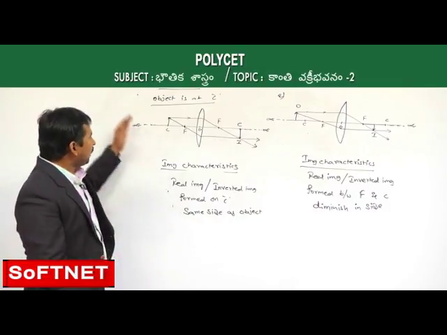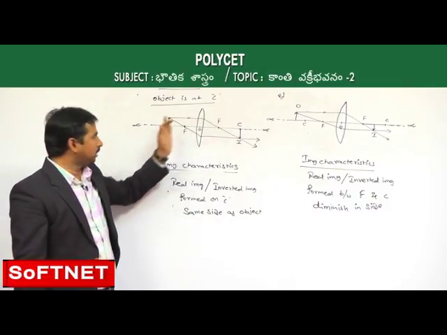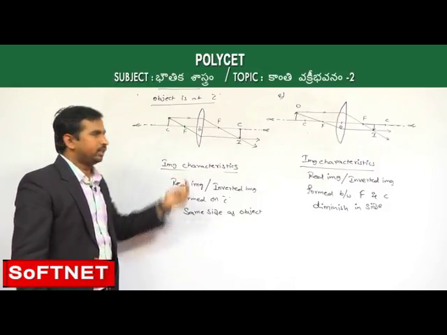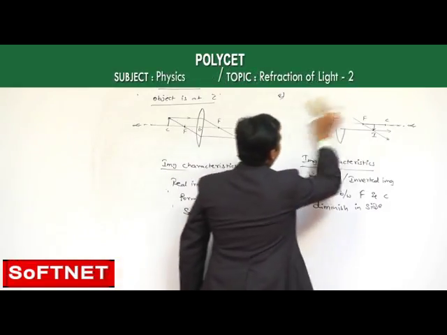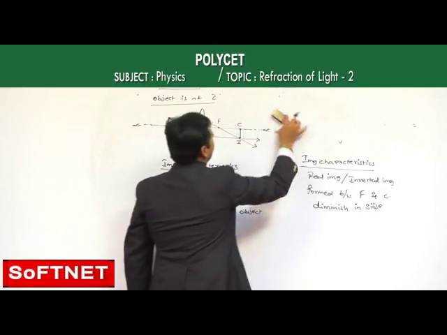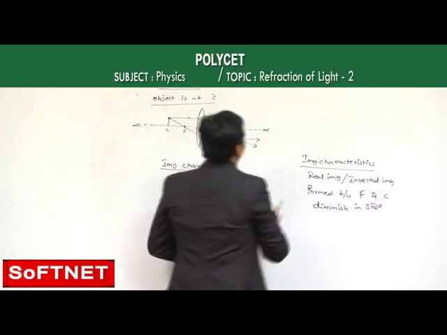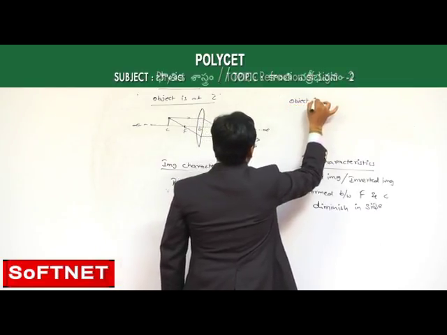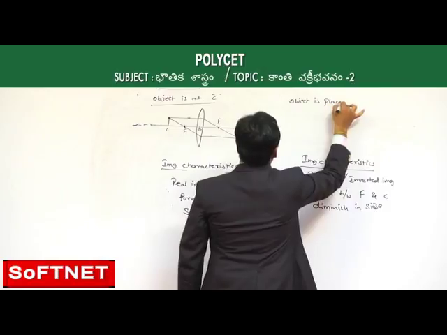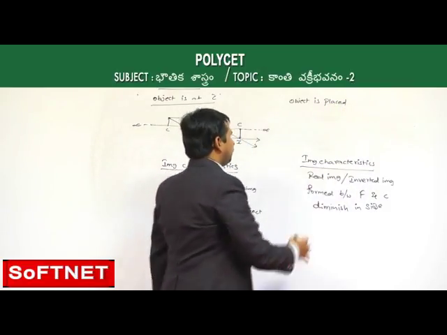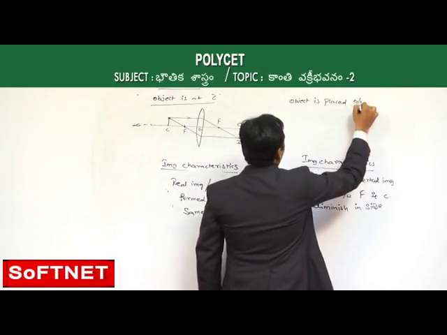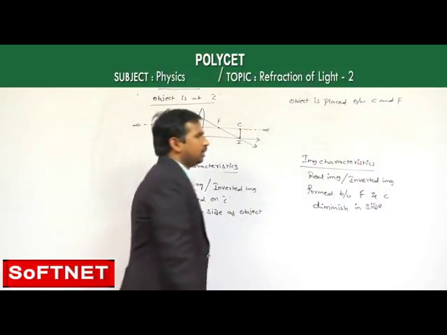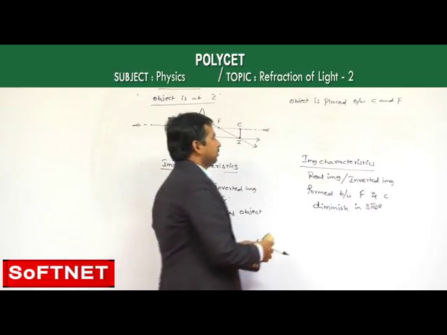Okay, then gradually if we are bringing the object closer and closer, our next position is the object placed in between C and F. So now we are taking the fourth case where the object is placed between C and F. Okay.